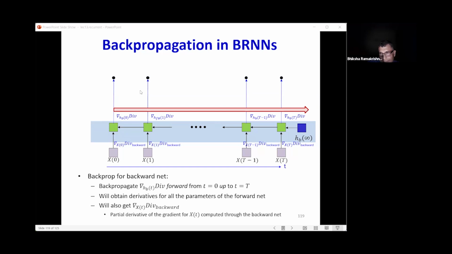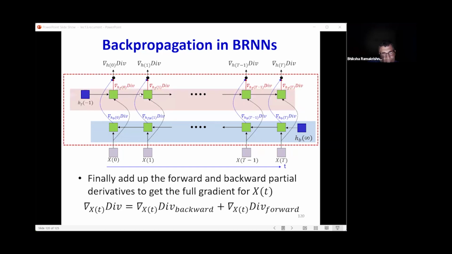Yes, and so at the end of it, you're going to have the derivative of the divergence with respect to the input at each time of the forward block. You're also going to have the derivative of the divergence with respect to the input at each time of the backward block. But because this x is going to both, the actual derivative of the divergence with respect to x is going to be the sum of the derivative you got over here and the derivative you got over here.